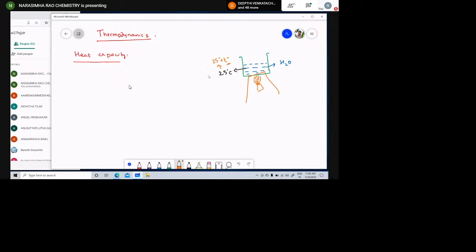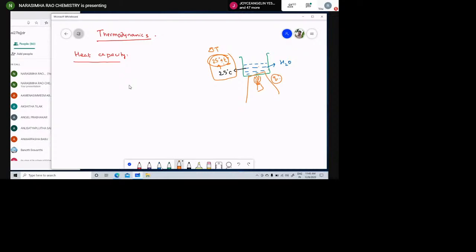This is the difference in temperature. Whatever the temperature rise, it is directly proportional to the heat, meaning Q, the quantity of heat, is directly proportional to the temperature change. This temperature change is considered as delta T. If greater heat is supplied, the temperature difference will be greater.